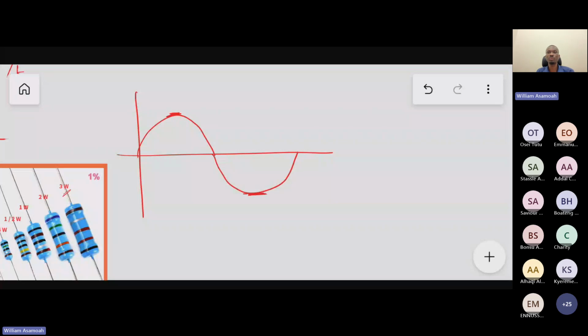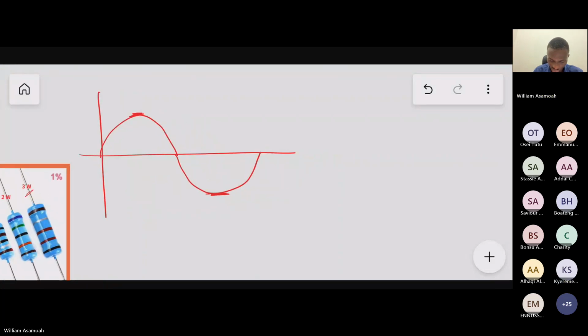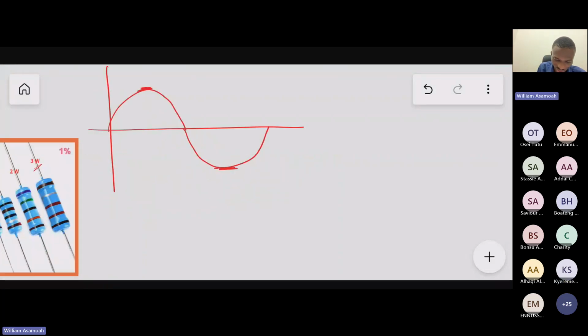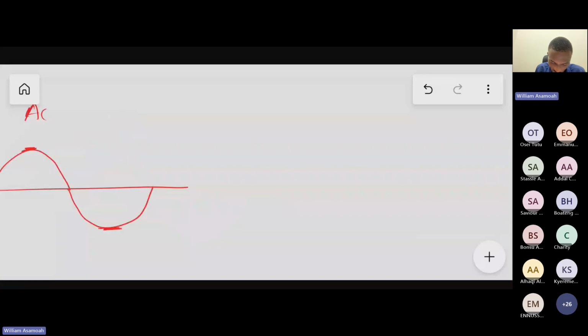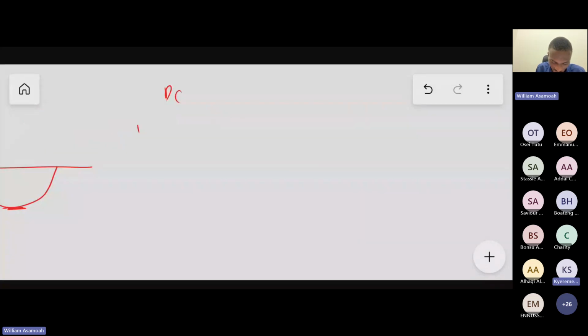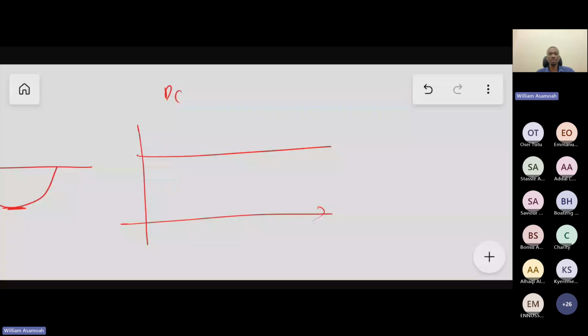That is the meaning of the word alternating. Its polarity keeps changing every time. So this is alternating, AC. And then we have DC, direct current, which doesn't change polarity. So the key term is polarity here.